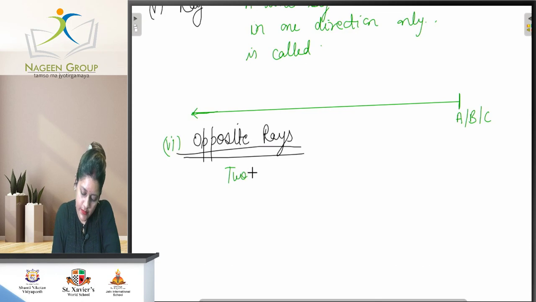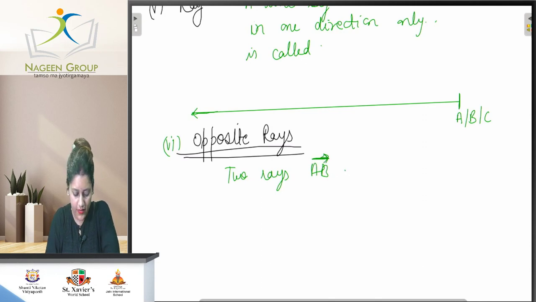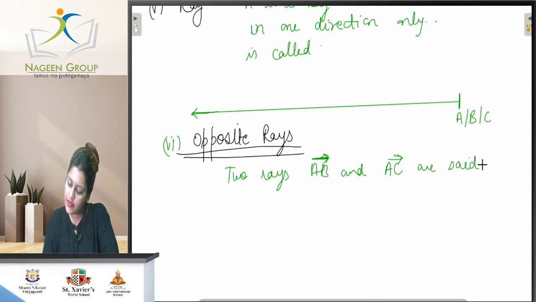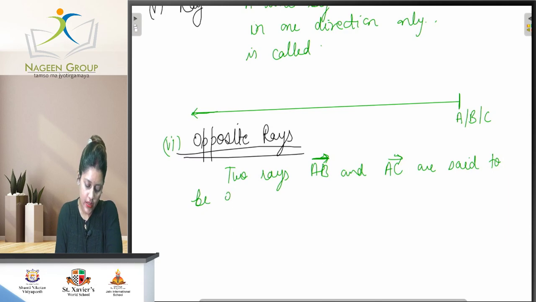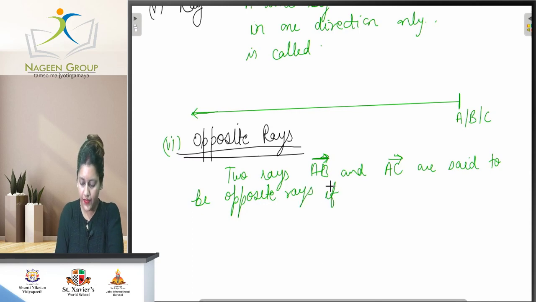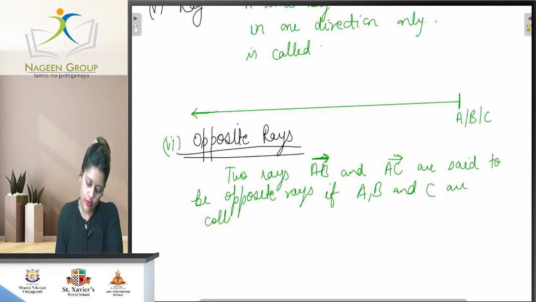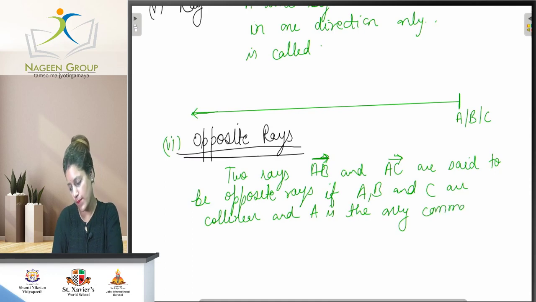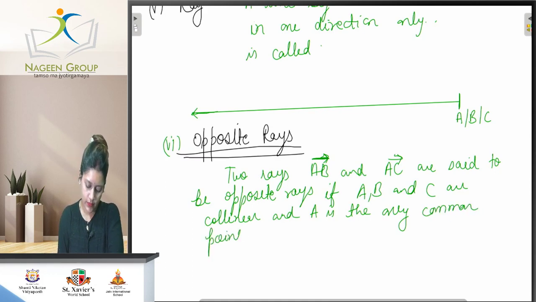Two rays AB, this is a symbol that shows it is a ray, and AC are said to be opposite rays if A, B and C are collinear and A is the only common point of the rays.